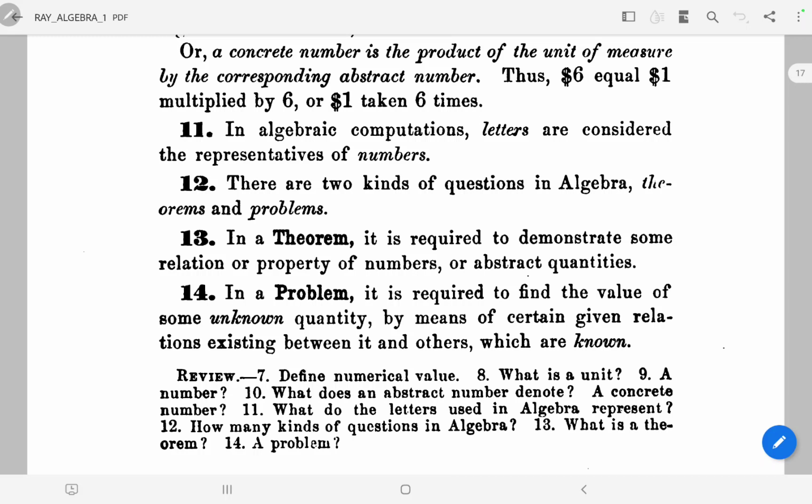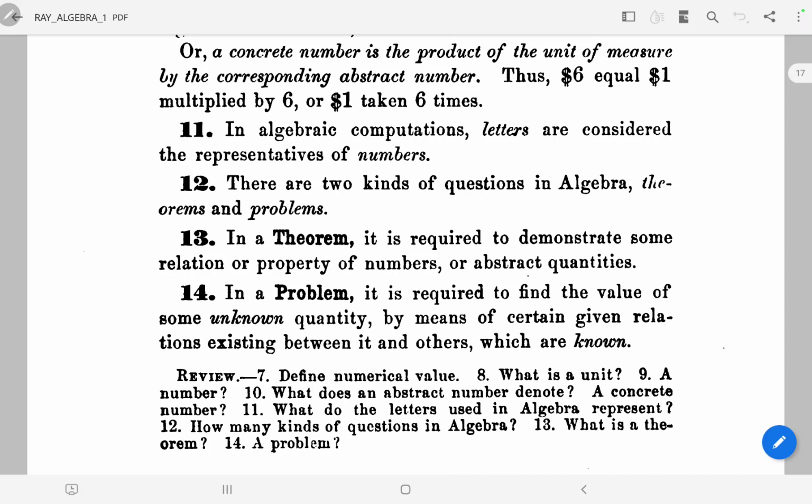Well, as we get down to Article 11, you'll see that we're going to get back to this discussion of representing quantities, not just with numbers, as we did in arithmetic, but also with letters. So we'll continue to study and we'll continue to pay attention for what we can learn about how we represent quantities with letters in algebra.